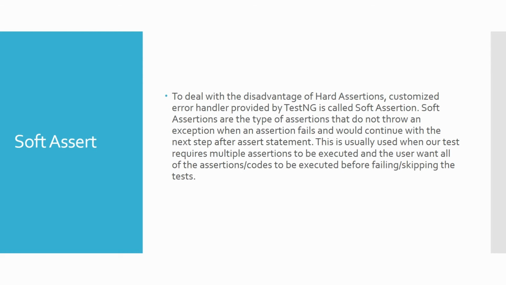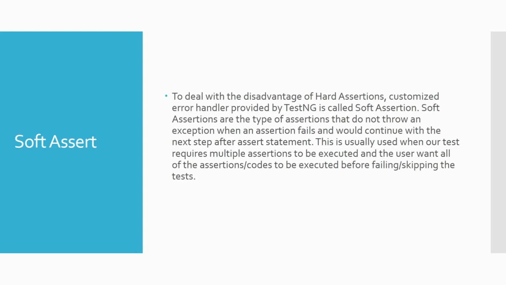Now let us see what is soft assert. To deal with the disadvantage of hard assertions, TestNG provides customized error handling called soft assertion. We have seen that with Hard Assert, execution stops the test case once the assertion statement fails.